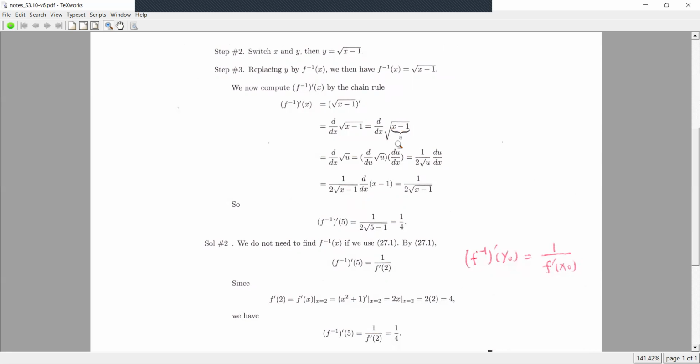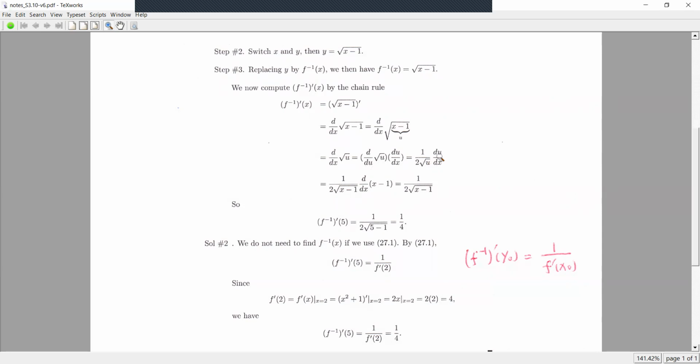Then this function becomes the square root of u. To compute the derivative of the square root of u with respect to x, we need the chain rule. By the chain rule, write this derivative as this derivative times this derivative. The derivative of the square root of u with respect to u is 1 over 2 times the square root of u.